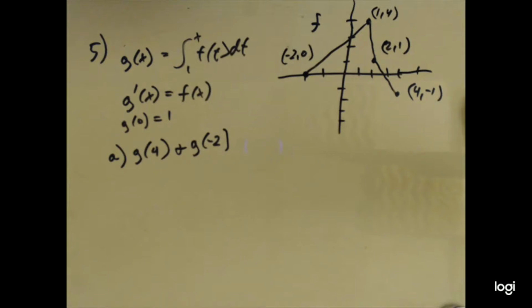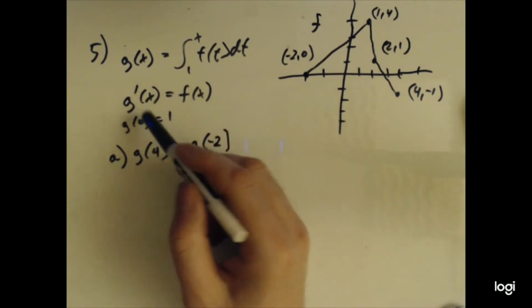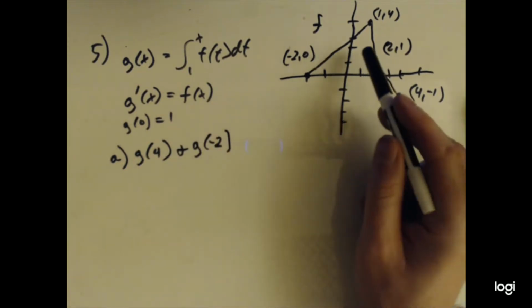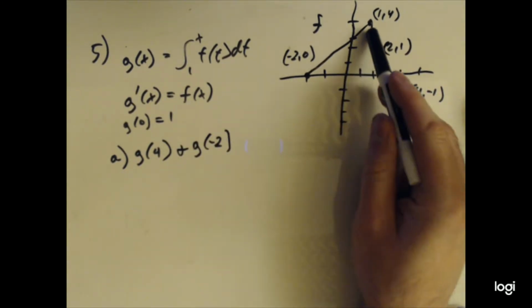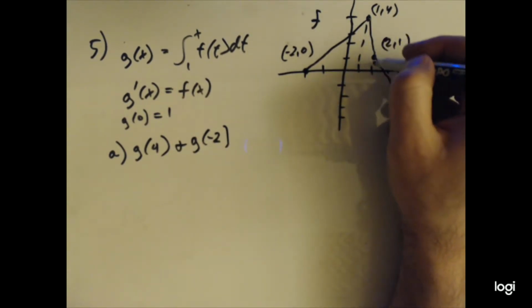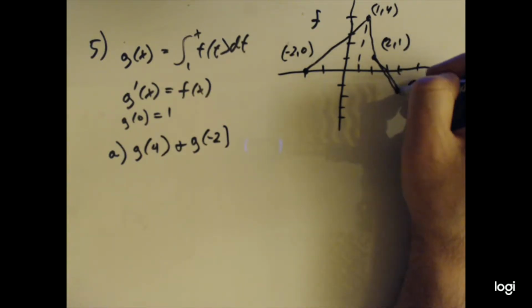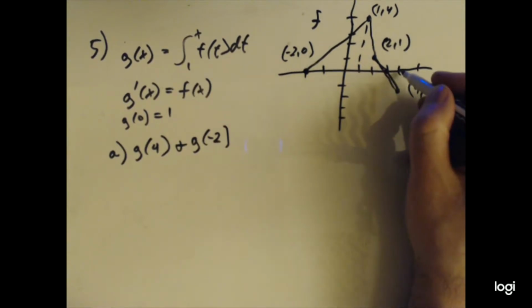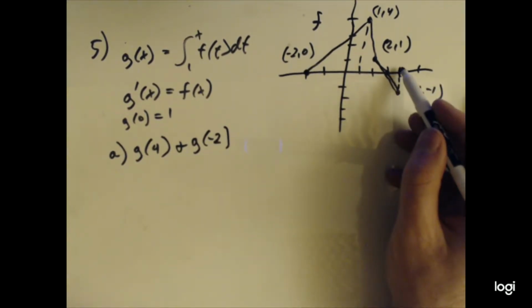So if g is 0 at 1, then we need to add up positive area over here from 1 to 3, because I believe it goes through there. Yeah, I should have done that better. It goes through 0 at 3, and then we have negative area from 3 to 4.